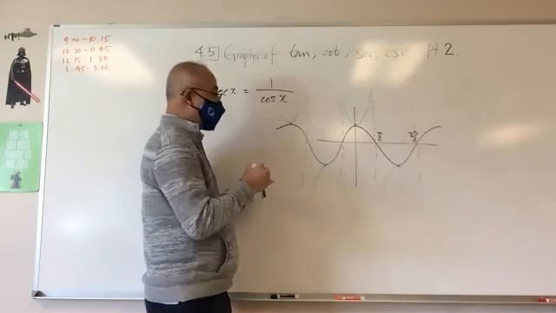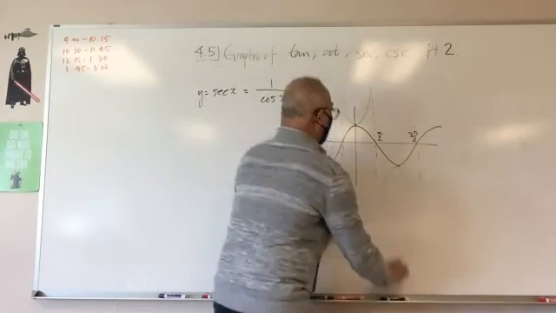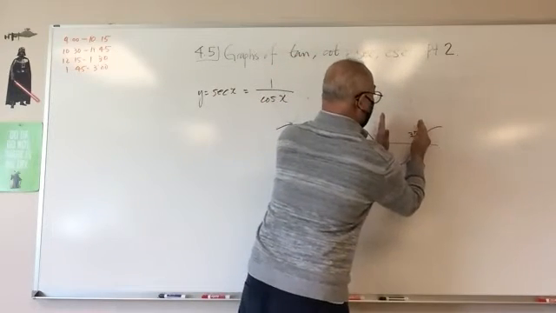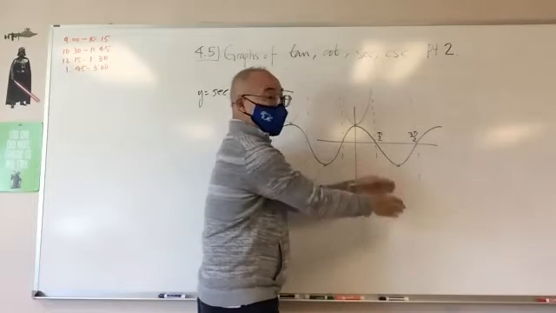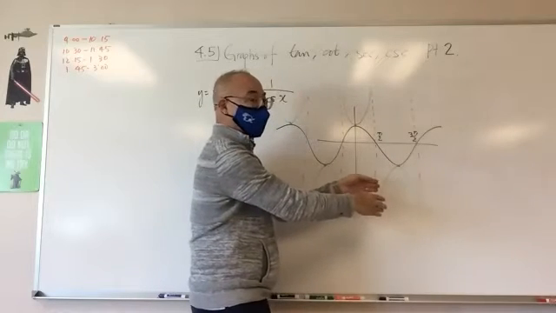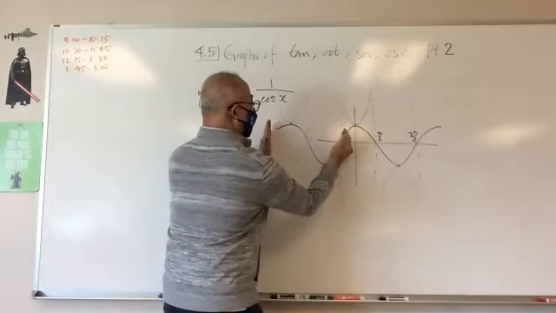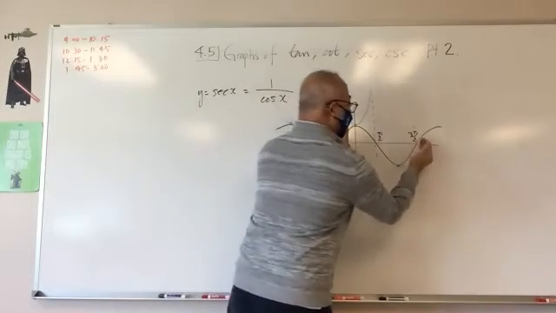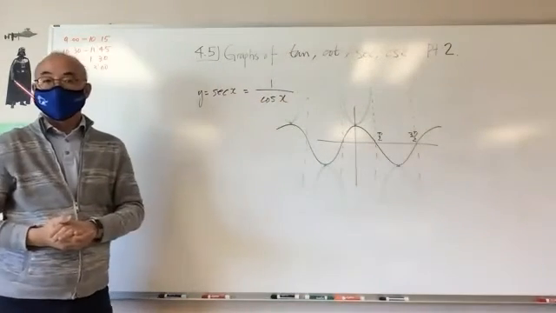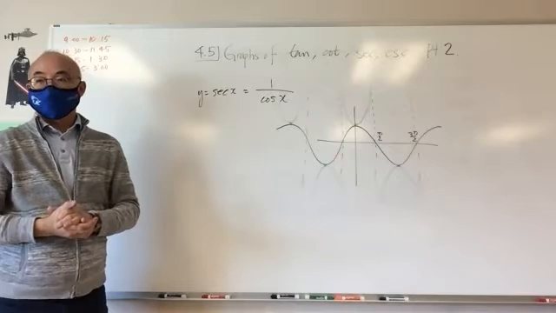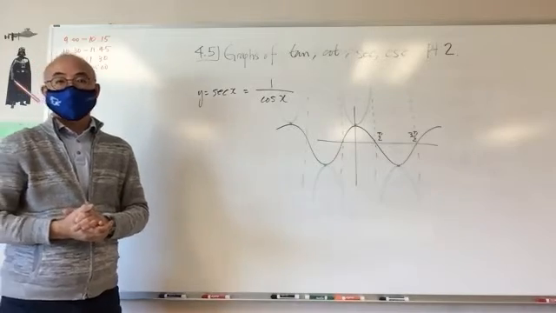So am I replicating myself when I go from here to here? Are they the same? No, they're not. So it's from here to here that I replicate myself. So again, it is 2 pi. So the period is 2 pi there, right? Okay, are we good?